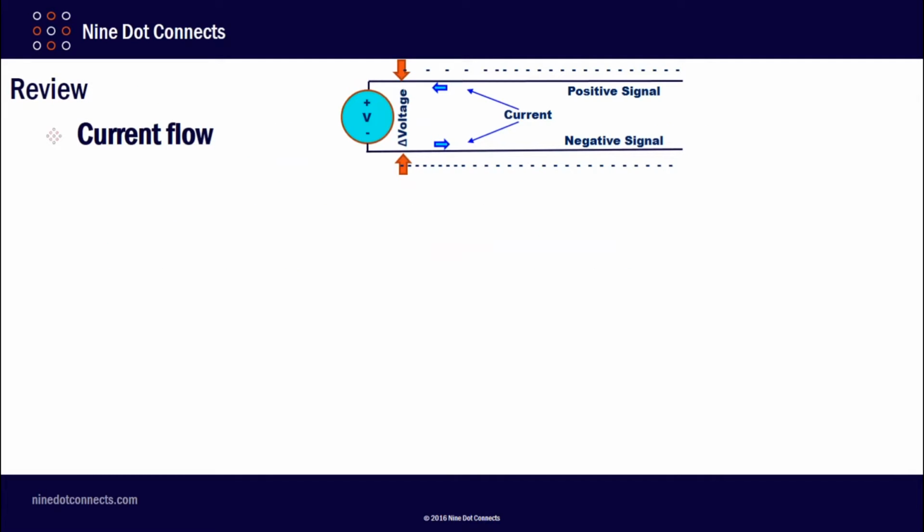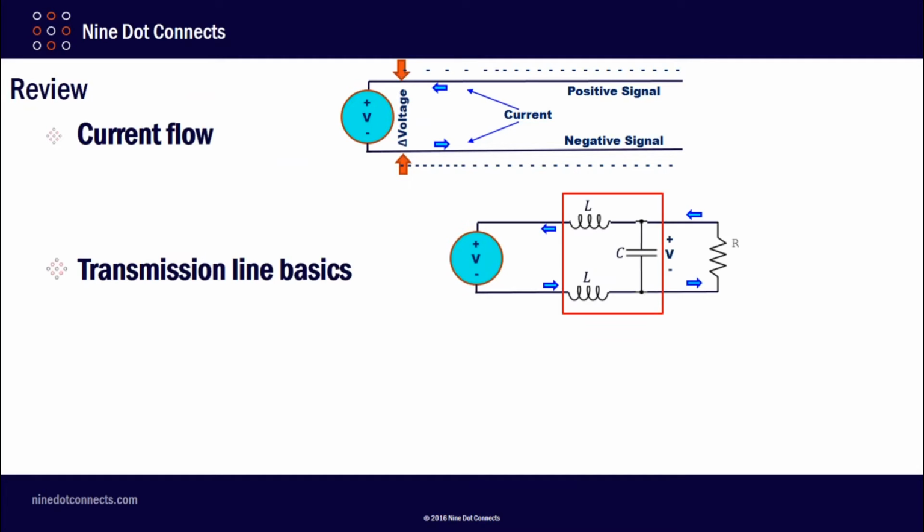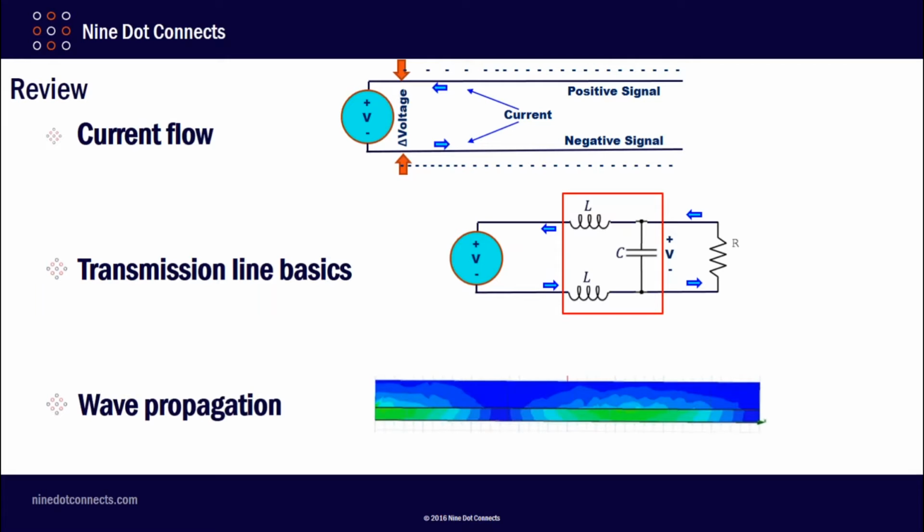Now, a real quick review. We talked about before how current flow is electrons going away from the voltage source, and the positive charges are going back towards the voltage source. We also talked about transmission line basics, how we have a distributed inductance and capacitance.